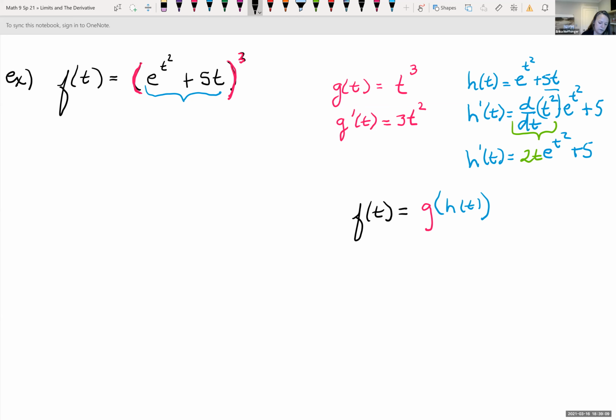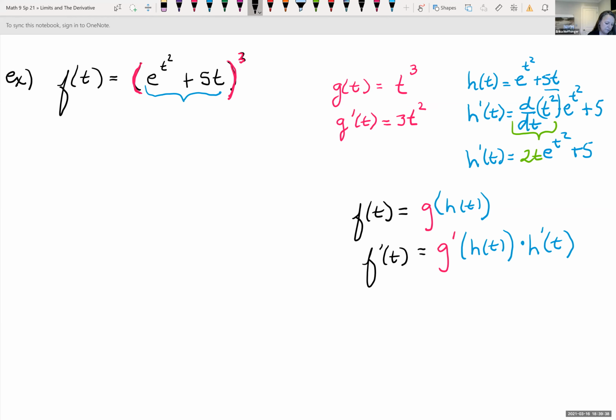When we took the derivative of f of t, the chain rule said we take the derivative of the outer function, keep the inner function the same, times the derivative of the inner function, h prime of t. So we pretty much did all our work already. Let's just put it together.